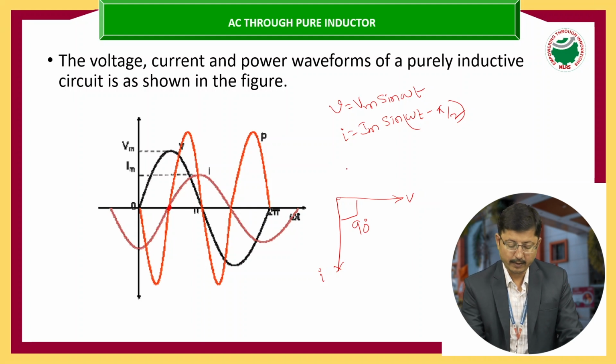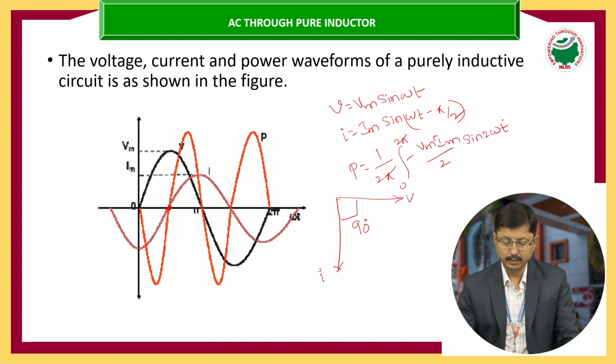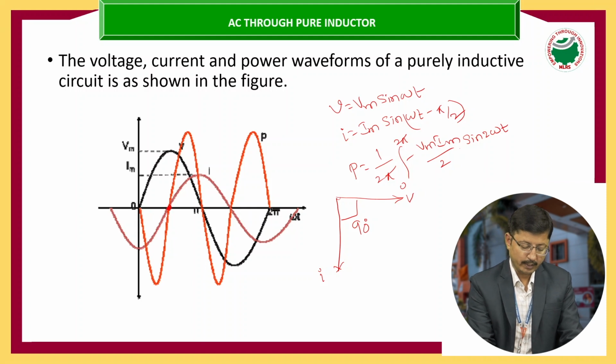Okay, now we can see the power expression. The average power is 1 by 2 pi integral from 0 to 2 pi of minus Vm Im by 2 into sin 2 omega t. From this expression we can see the average power over a complete cycle.